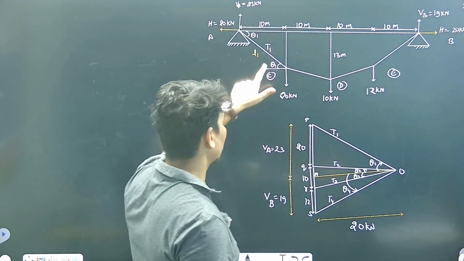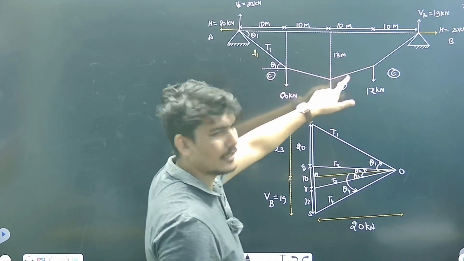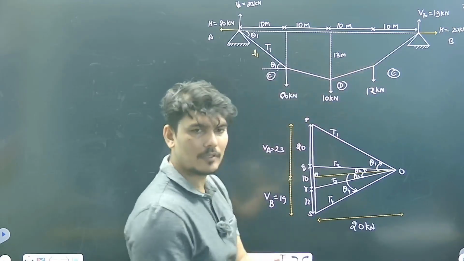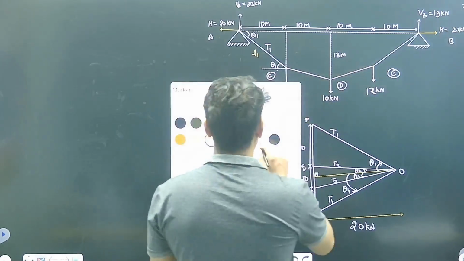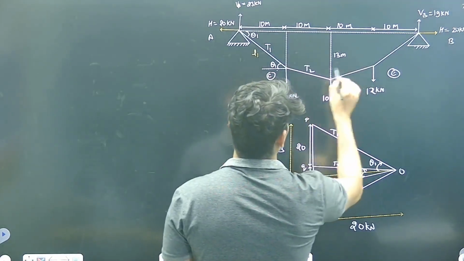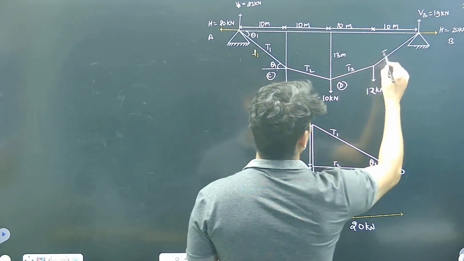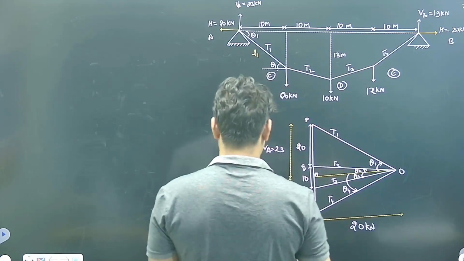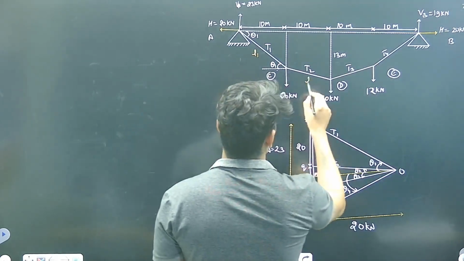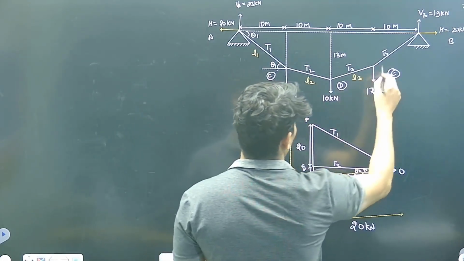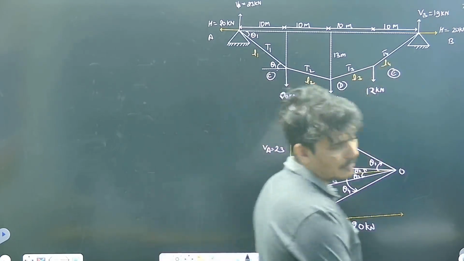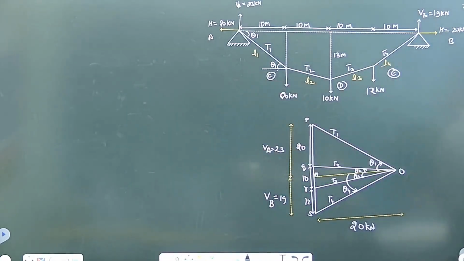T1 L1, T2 L2, T3 L3, T4 L4. यही तो निकालना है बस क्वेश्चन. T2, T3, T4. Then L2, L3, L4. Only these parameter is to be calculated now.